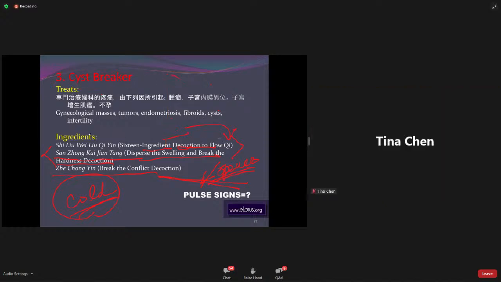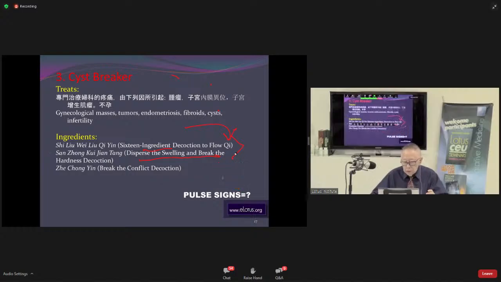Different people, different body types. Ladies will need different lengths of treatment. For big, chubby ladies, you need a little longer.